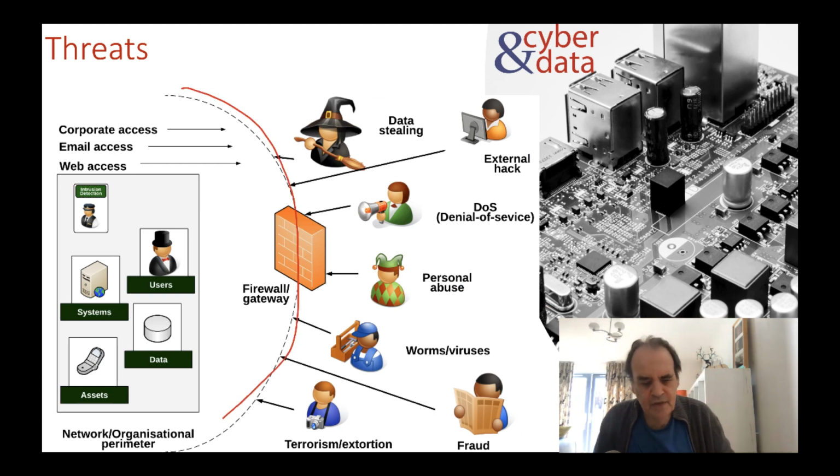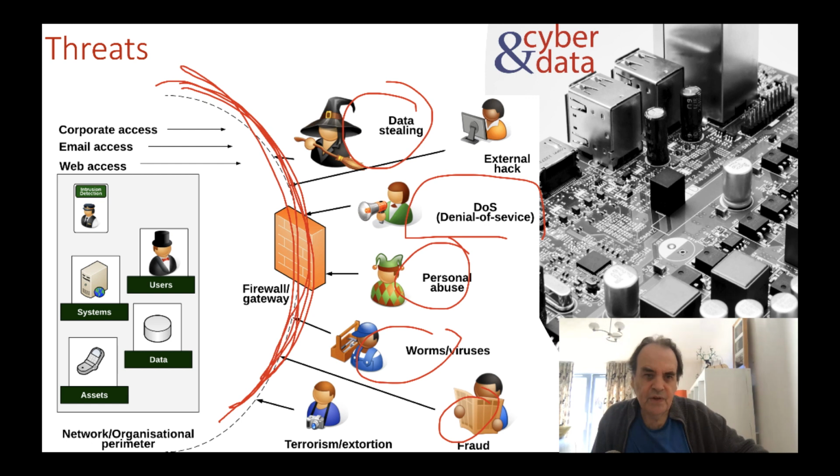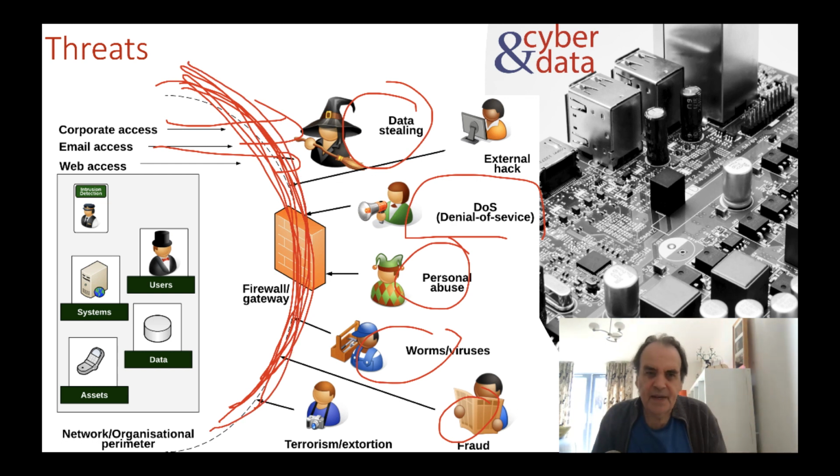Okay, so in terms of threats, we see many threats: data stealing and external hacks, denial of service, personal abuse, worms and viruses, fraud, and so on. So what must happen is that we need to make sure our main firewall, our main gateway, will try to stop most of these, but we also want to make sure that our users can get out of our perimeter from there.